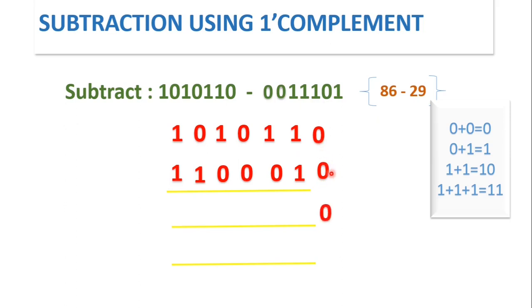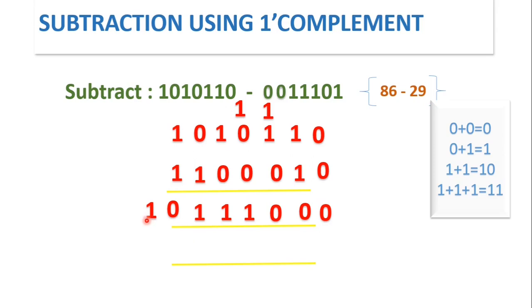So 0 plus 0 is 0, 1 plus 1 is 1 0, 1 plus 1 is 1 0, 1 plus 0 is 1, 1 plus 0 is 1, 1 plus 0 is 1, and 1 plus 1 is 1 0. So there is a carry being generated. As I told you in the first slide, if you have a carry, the answer will be positive.